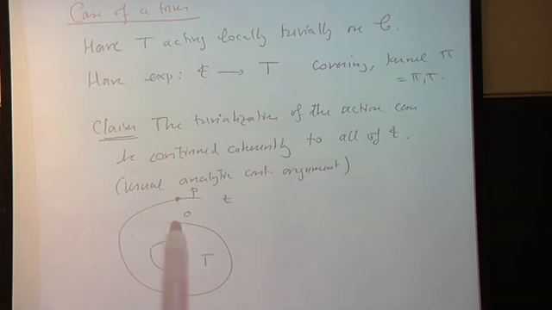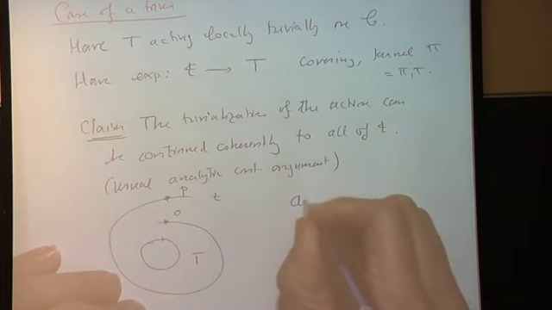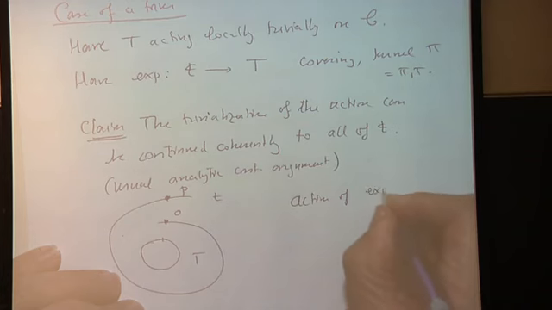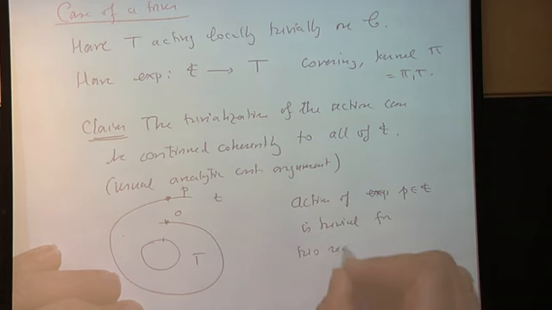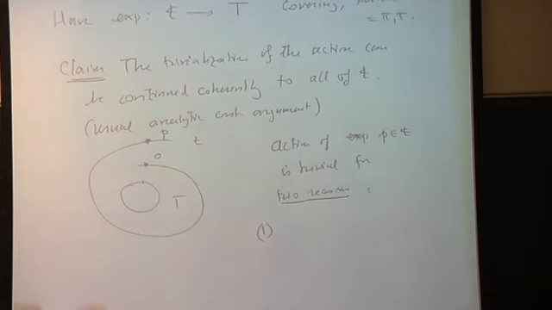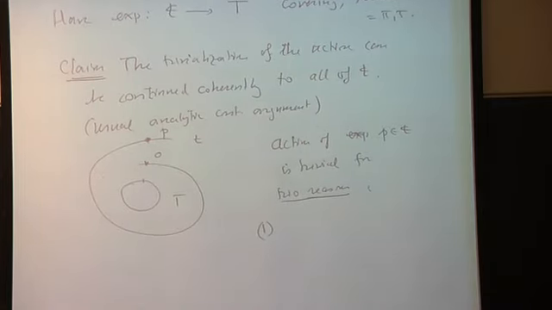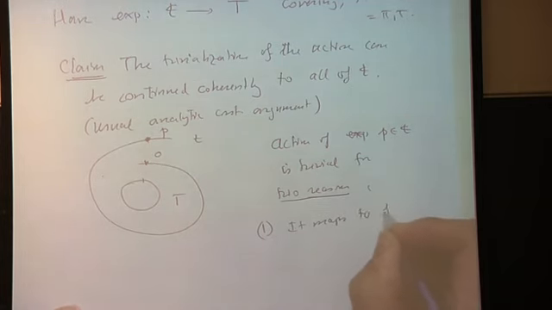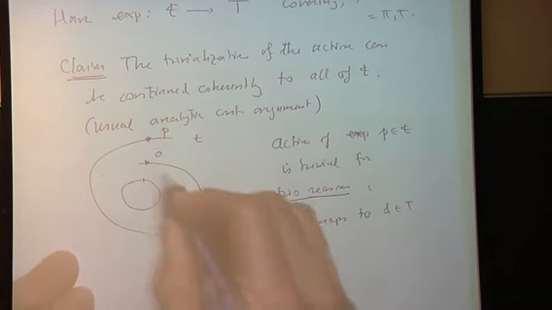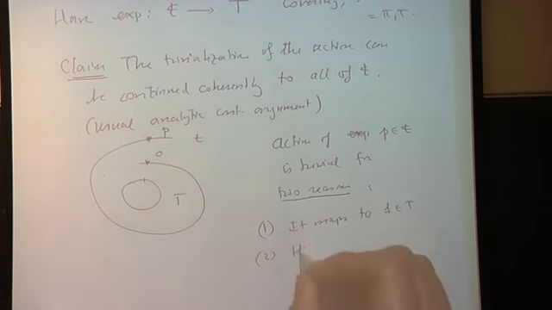So we know now, so the action of exp of, rather let's say P in T is trivial for two independent reasons. Reason number one, it maps to the identity in T, and that acts as the identity. After all, the action factors through T. And reason number two, we've trivialized the action in the Lie algebra.